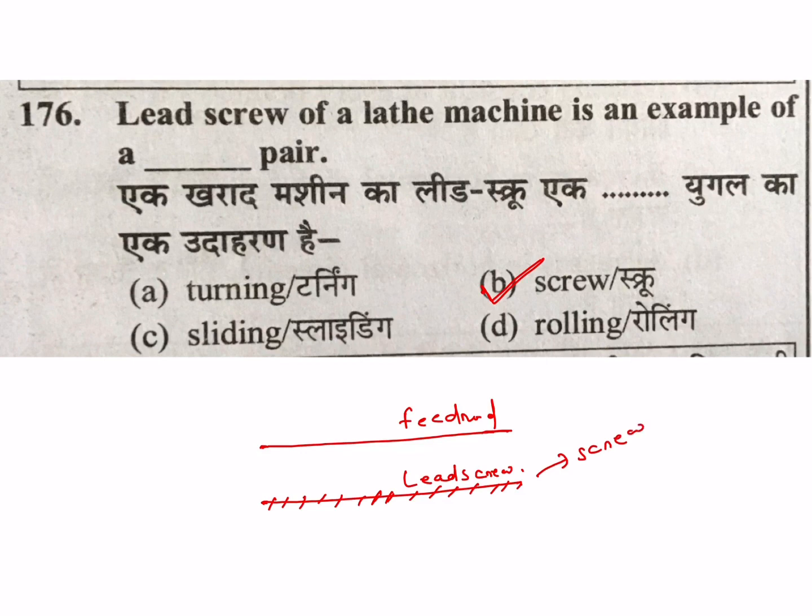Lead screw and your nut, screw pair or helical pair. Screw pair available here. So answer is B. Two mating links have turning as well as sliding motion between them. Lead screw and nut of lathe.